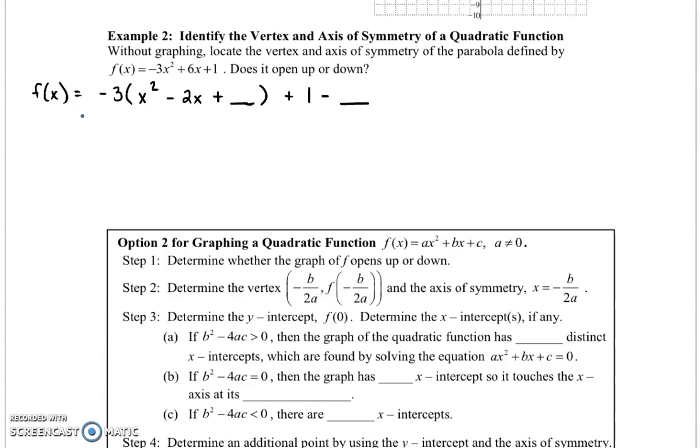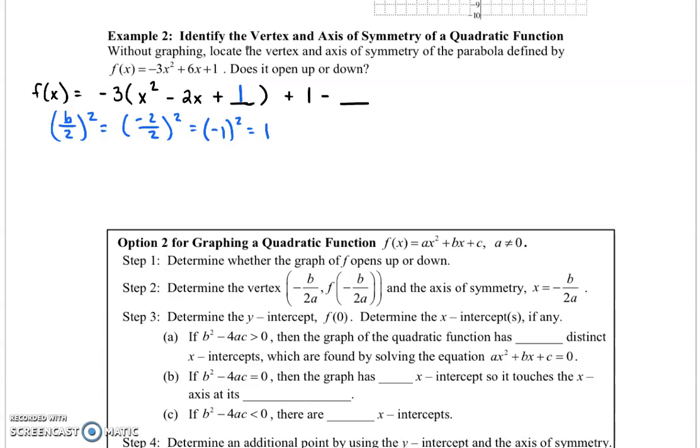First of all, though, let's complete the square. So we have b over 2 squared is negative 2 over 2 squared, which is negative 1 squared, or 1. So we're going to put a 1 there inside the parentheses. Now, what is the problem here? Did we really just add 1?